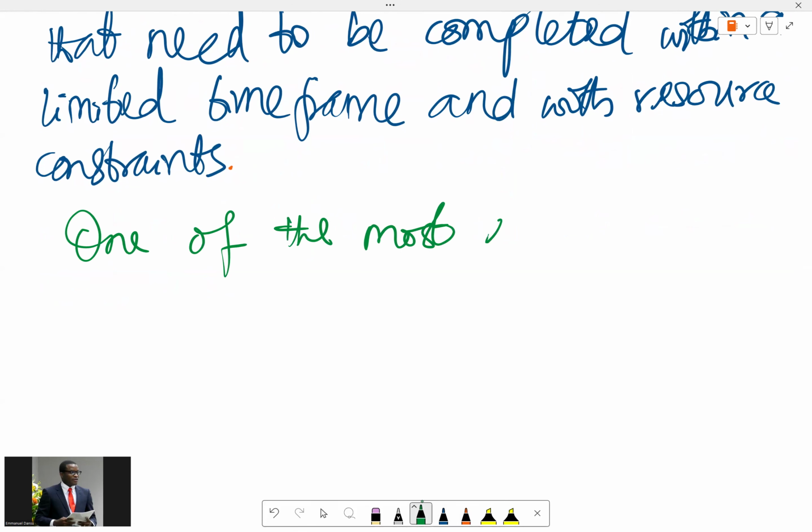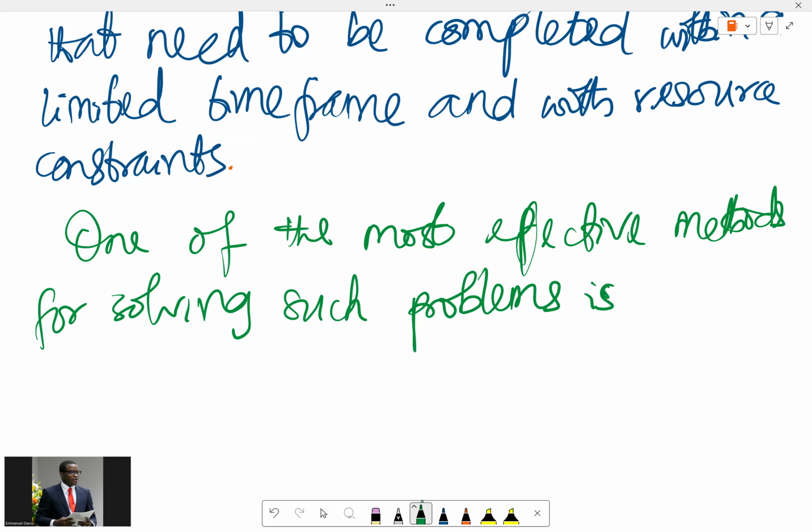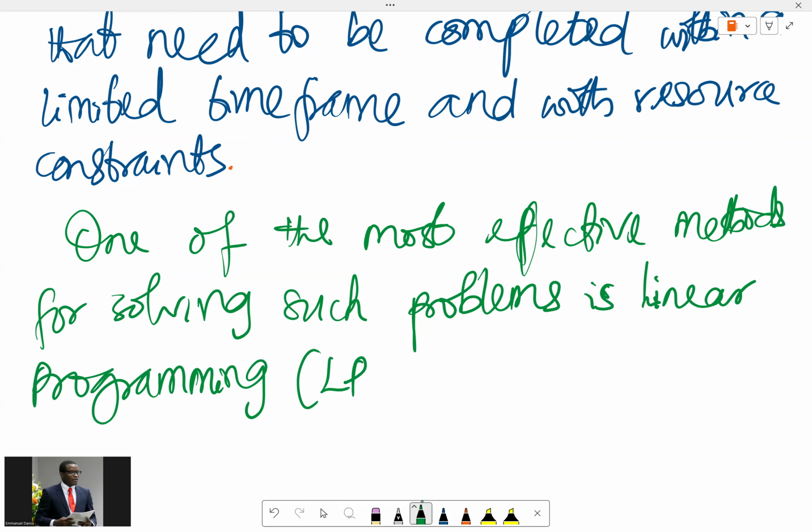One of the most effective methods for solving such problems is linear programming. That is LP for short.